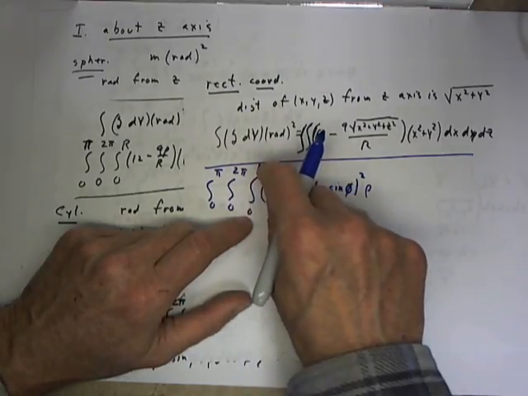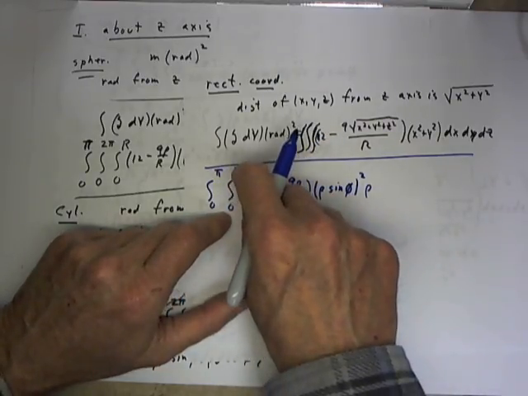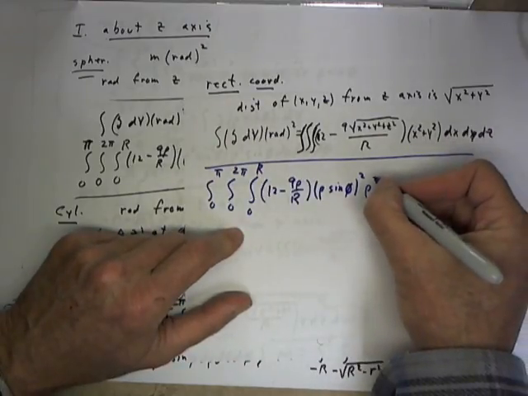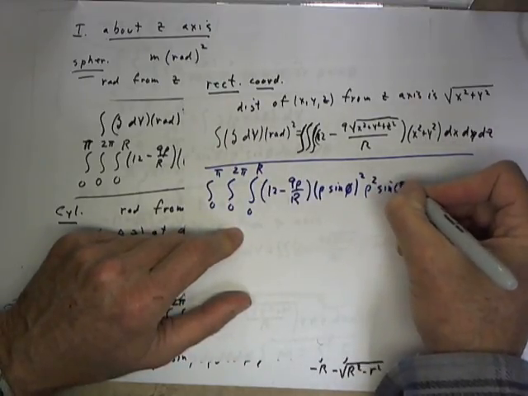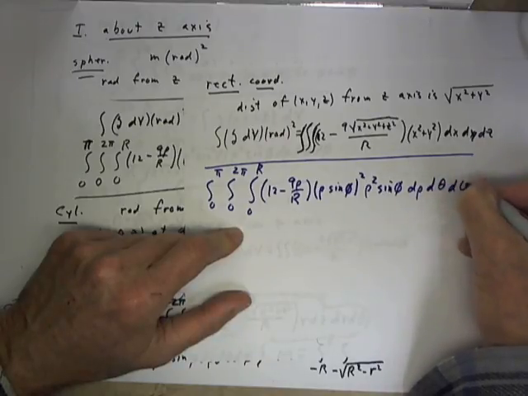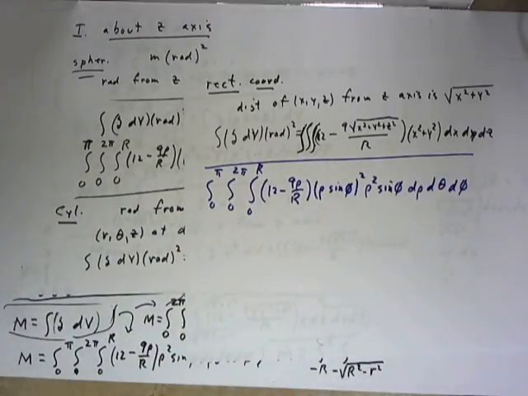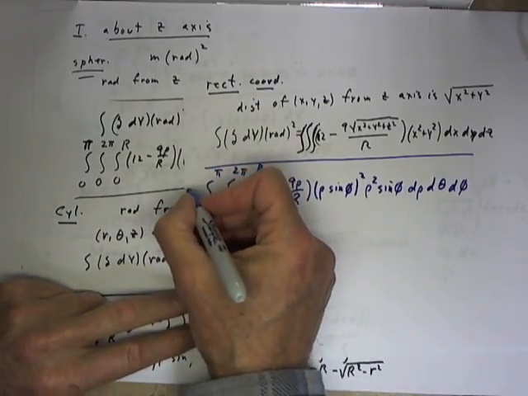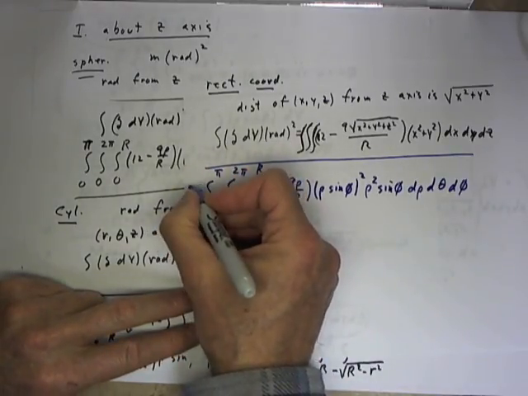This integral is with respect to rho, with respect to theta, with respect to phi. So it's rho squared sine phi with respect to rho, with respect to theta, with respect to phi. And that's our moment of inertia.